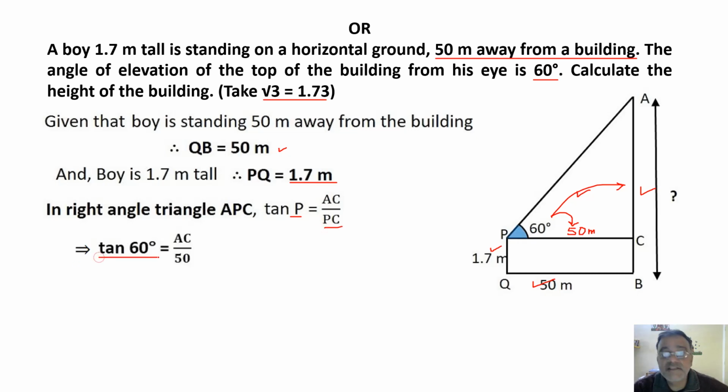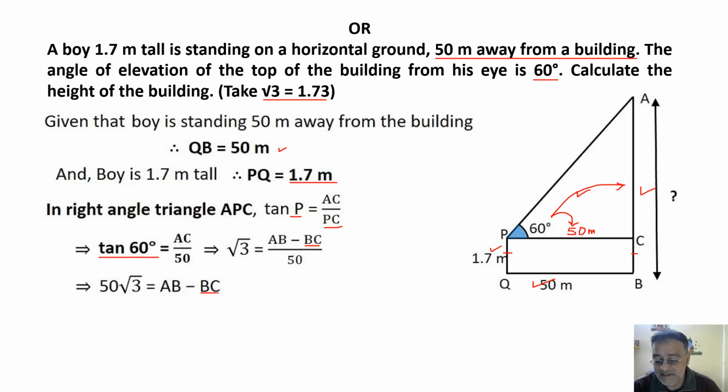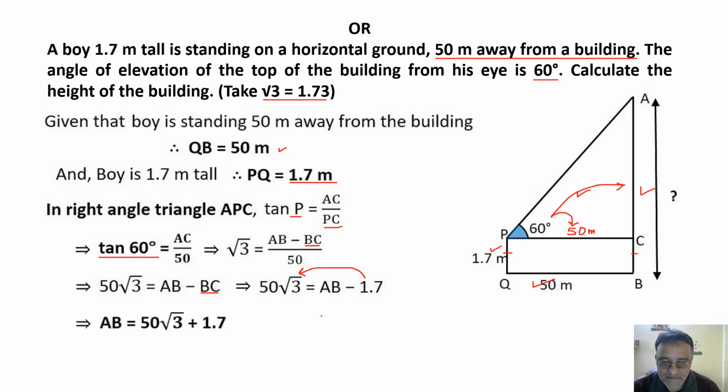Now tan 60 we know is equal to √3. How can we write AC? AB minus BC, and BC is equal to 1.7 because both are the same. We substitute the value of BC, 1.7 meter. Now shift minus 1.7 meter to the other side, it will become plus. This step is clear?